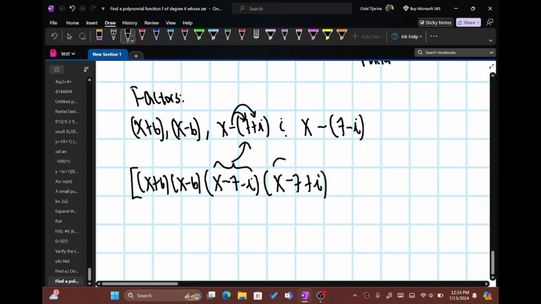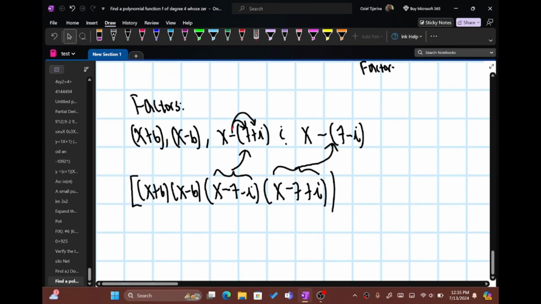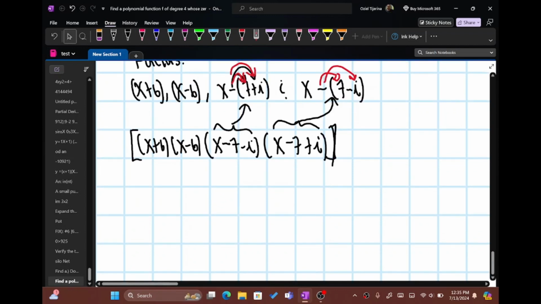So this is going to be the other one, and we want to go ahead and distribute, right? So the main idea is we distribute the negative, okay? Now at this point, we're going to just simplify this expression.